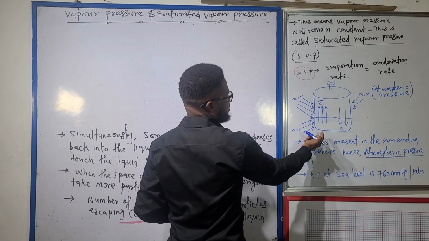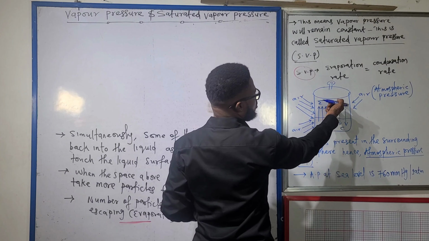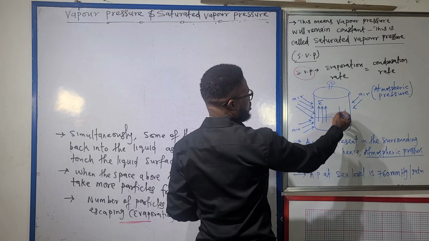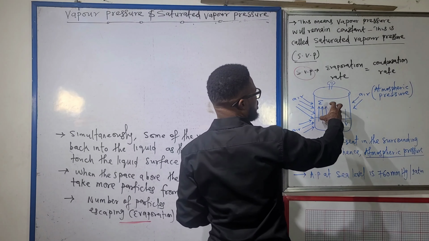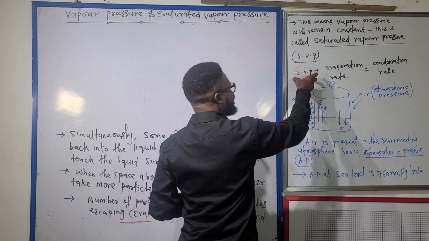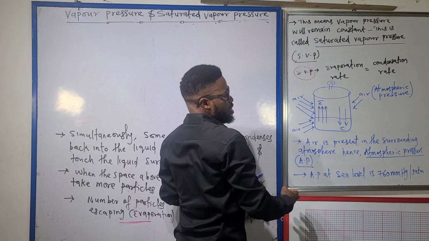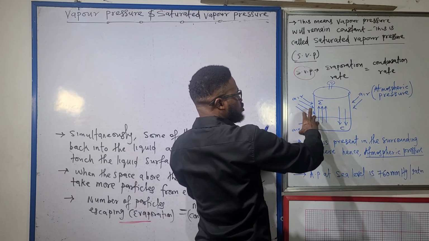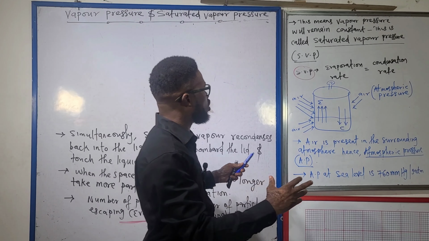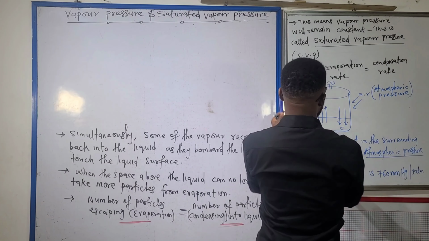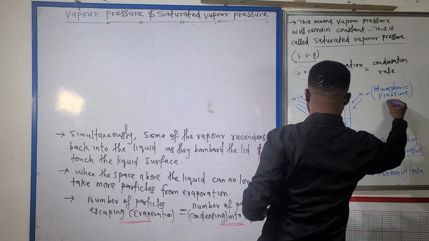Recall that when the rate of evaporation equals the rate of condensation, the vapor pressure will be constant, a situation we call saturated vapor pressure. But the atmosphere around us contains air. We therefore talk about the air bombarding this vessel. Therefore, we say atmospheric pressure.